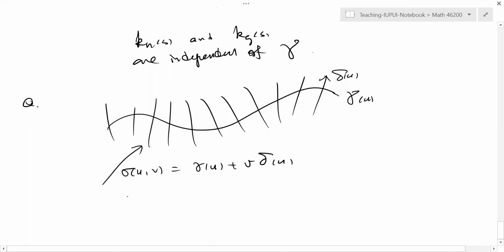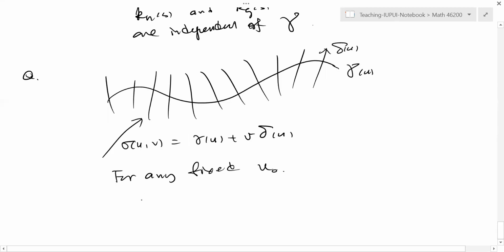Then for any fixed u, C(v) is defined as sigma(u,v).